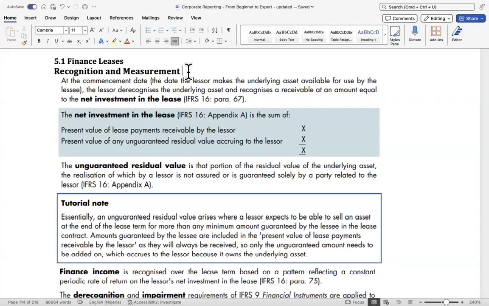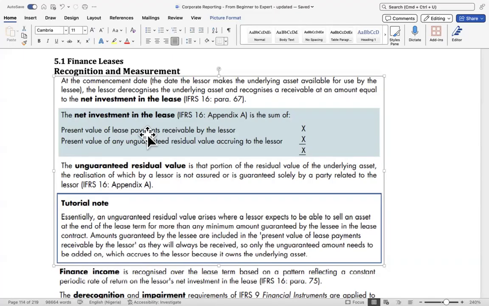We call it lease receivable, or we call it net investment in the lease. That is what we call it.